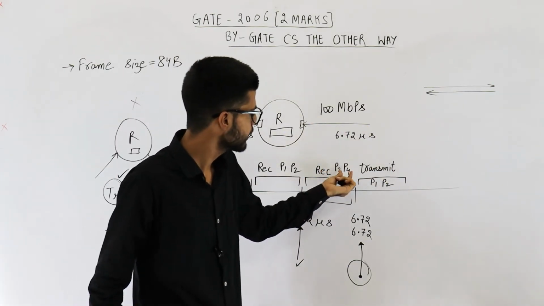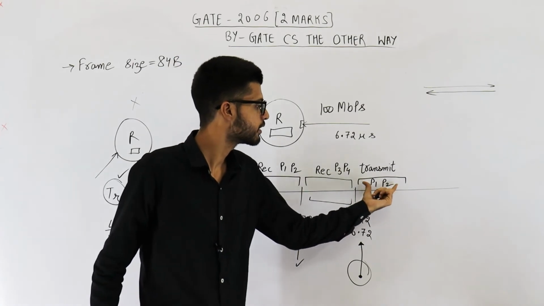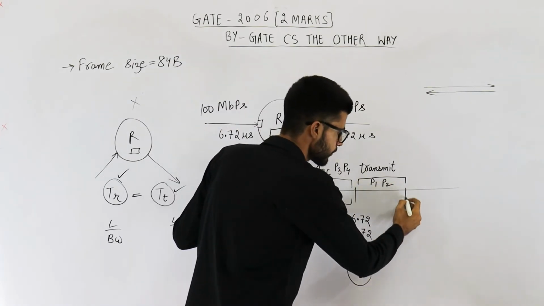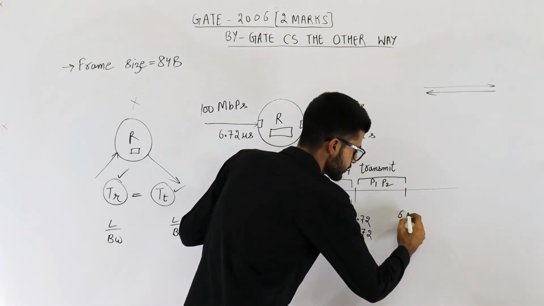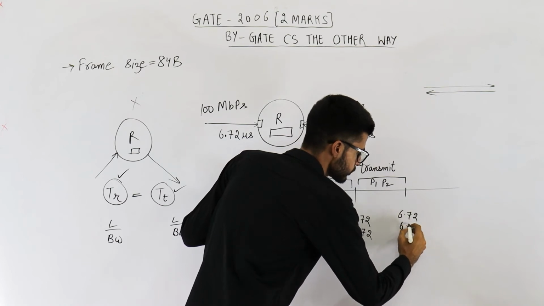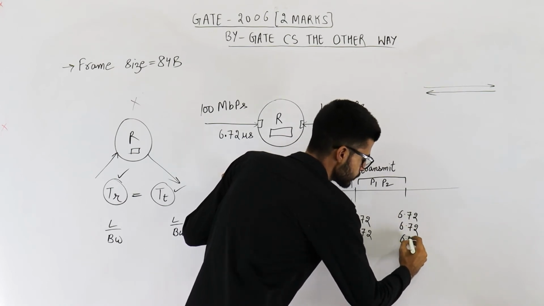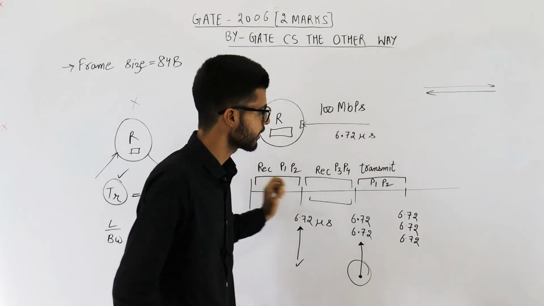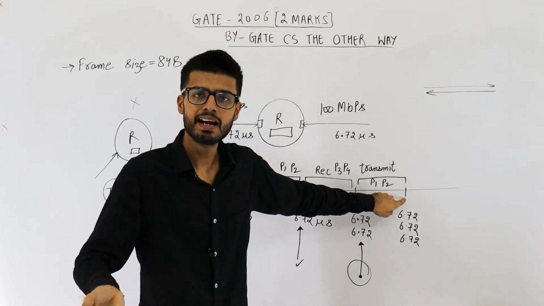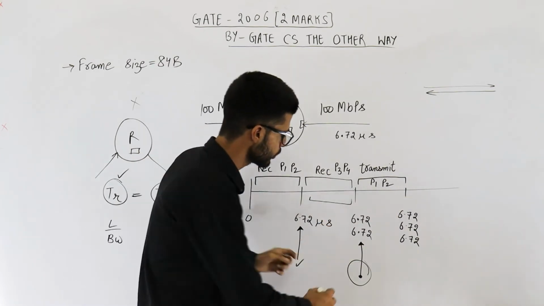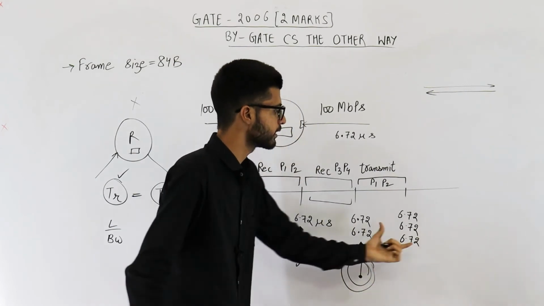So packet 5 and 6 will be received during this time. That means after 6.72 plus 6.72 plus 6.72 seconds, at this time you will get two more packets. So these packets have to be transmitted here.